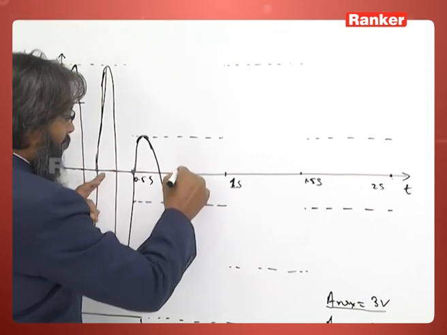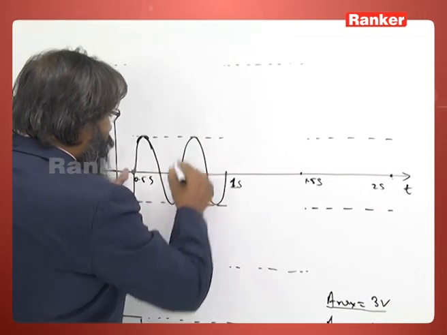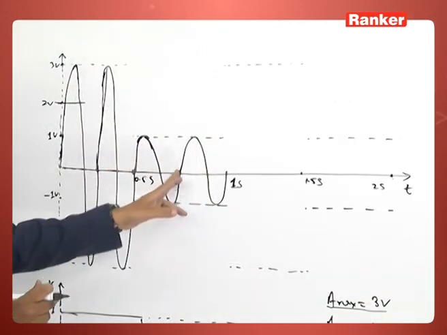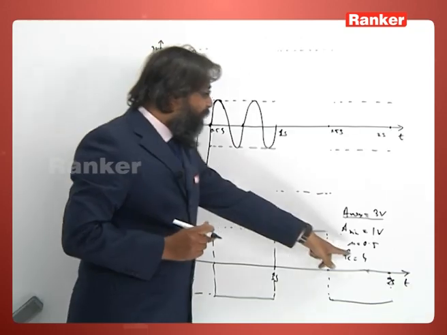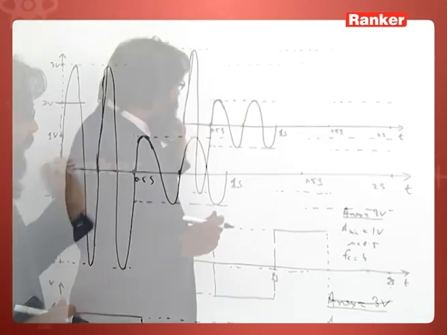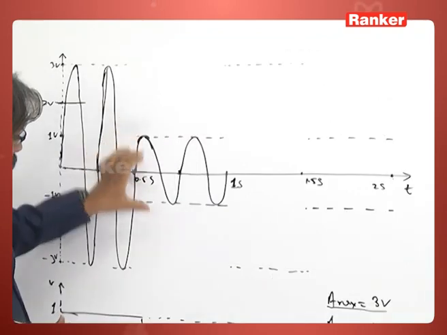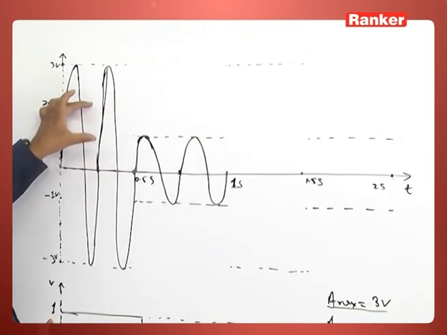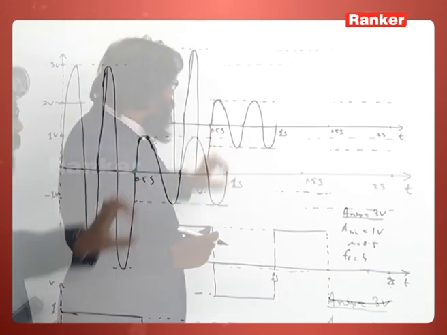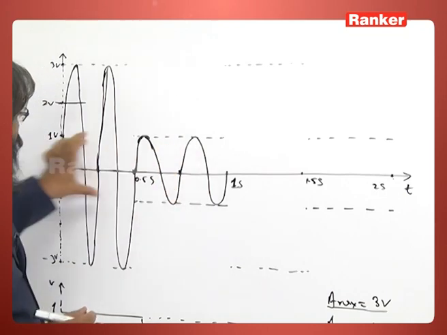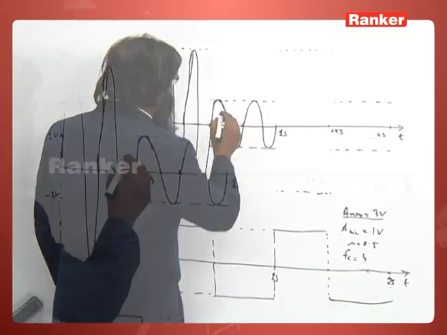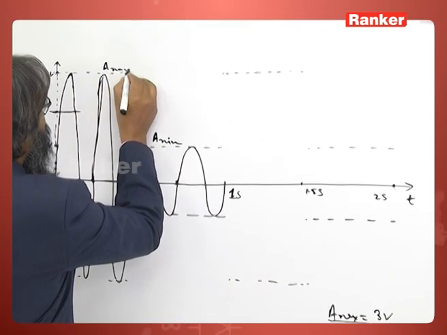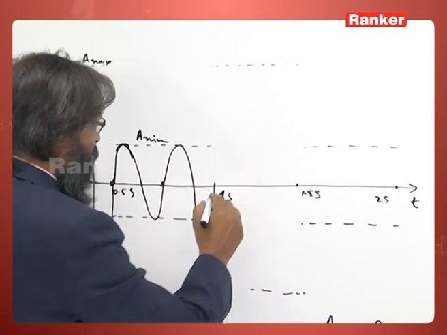So 1 complete and then 1 more complete, 2 oscillations in half second. So frequency is 4. And you see that the amplitude here of the signal wave is minus 1. So 2 is the amplitude of the carrier wave, and 1 volt is the minimum. So this is A minimum, this is A minimum, and this is A maximum. Again the same thing repeats here.